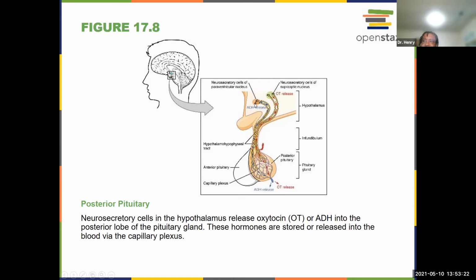Those hormones are produced here, and it's going to secrete and release the ADH into the system, into the bloodstream.